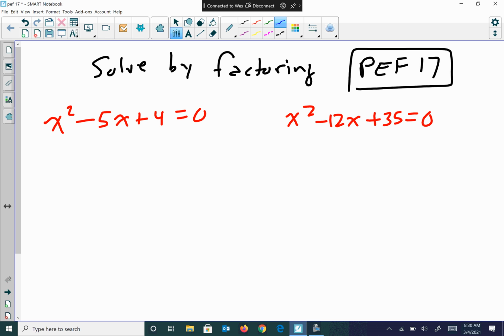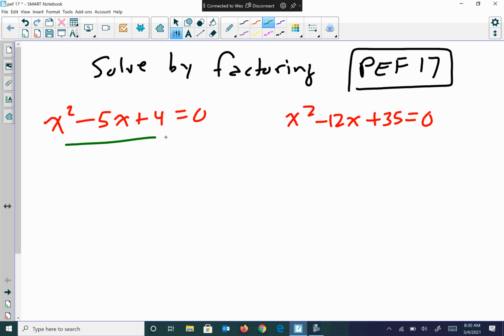The solution means that if you plug that number back in, it would allow the left side, or the side that has all of the stuff on it, to become 0, and that's what you want. And that means it would cross the x-axis if we were graphing it. Okay, we're not graphing these, so don't worry. So first problem, I have 3 terms. I want to turn it to 4.